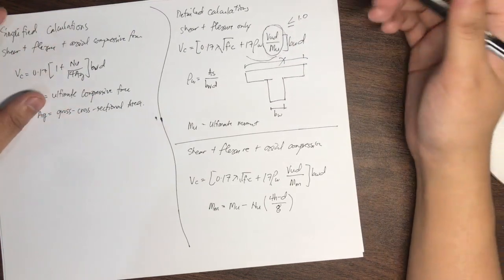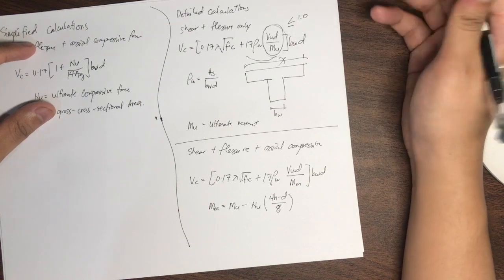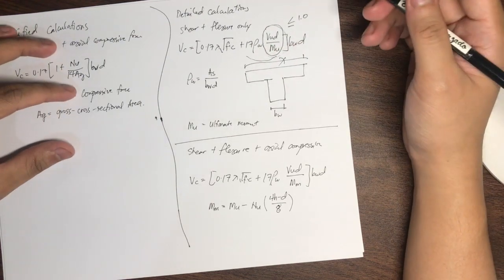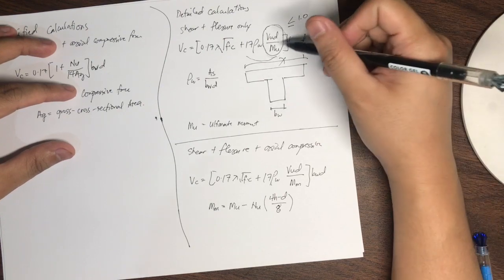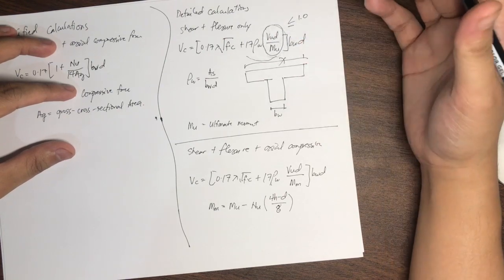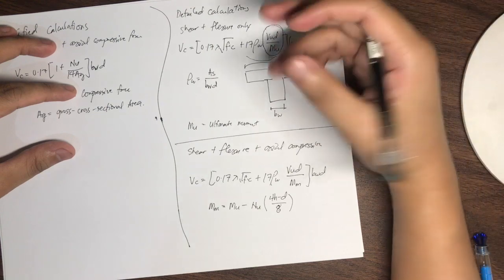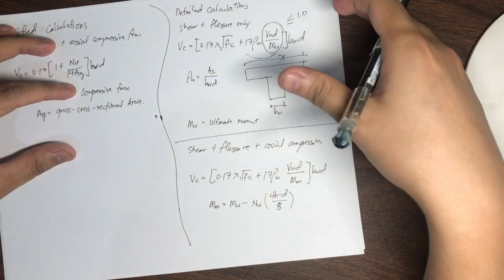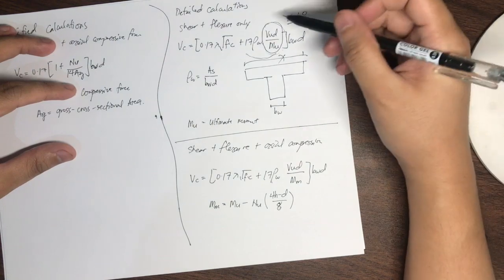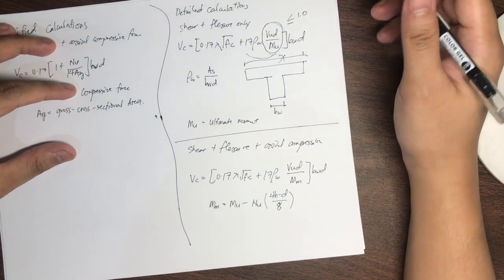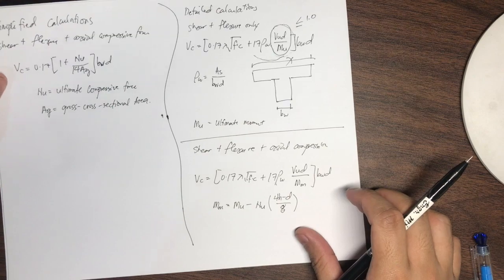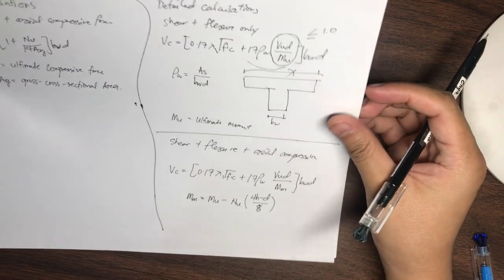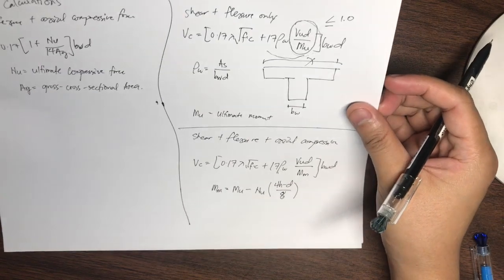Because if the ratio of Vu d over Mu is greater than 1, it is like saying that the moment acting on our structure is so small that it hardly affects the structure. That's why it's very important in a detailed calculation that the ratio of Vu d over Mu must be less than or equal to 1.0. So those are the formulas that we need to consider to determine the value of Vc.